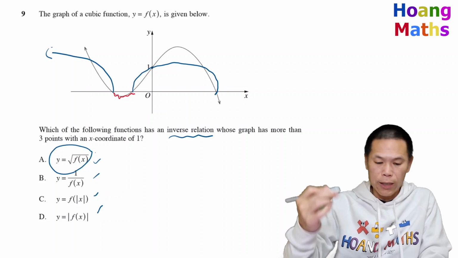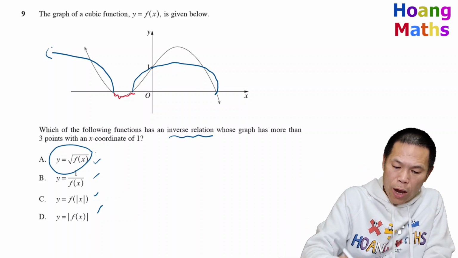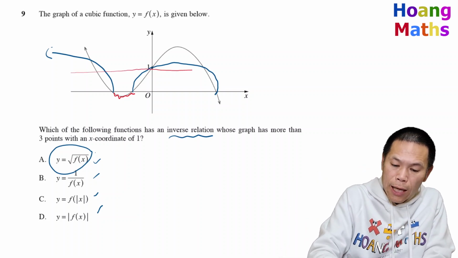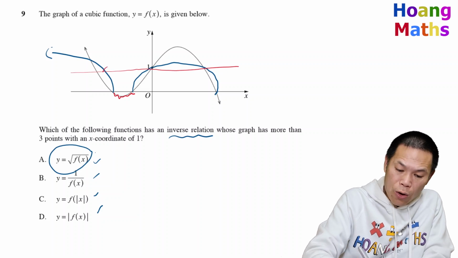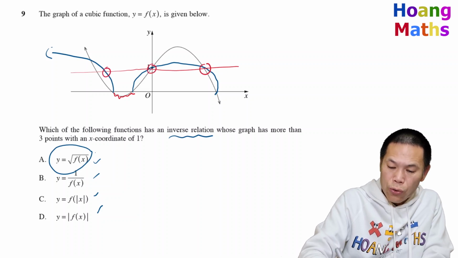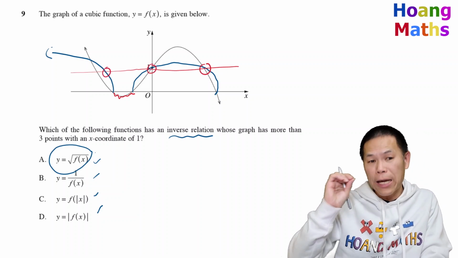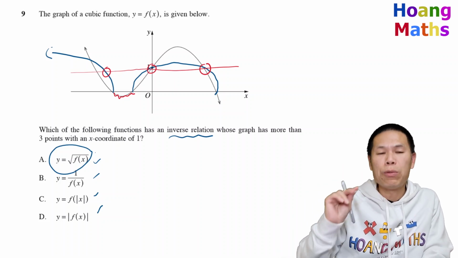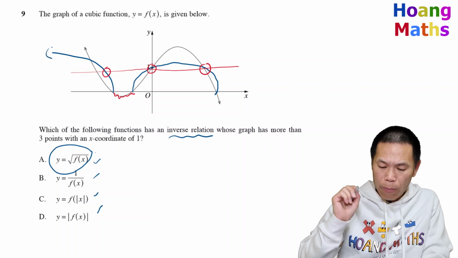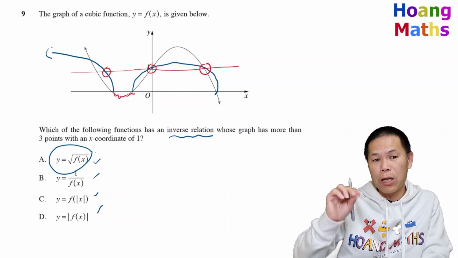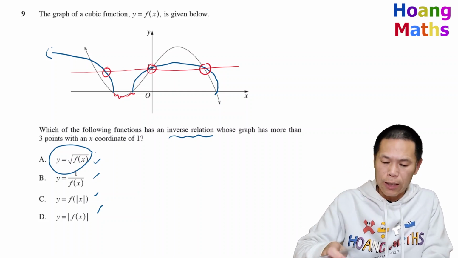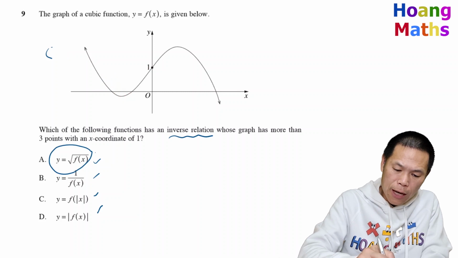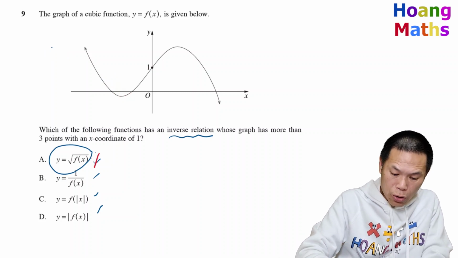Therefore, we have a horizontal line of 1 here. So this one has 1, 2, 3 x values of 1, because x becomes y and y becomes x. So we have only 3 x values of 1 if we draw the inverse function of it. That's not the answer, so let me just cross it.